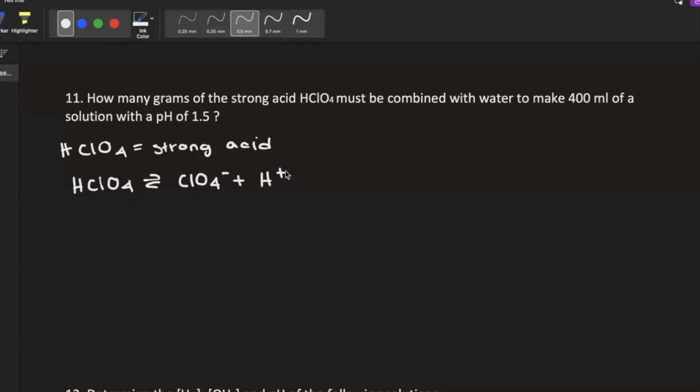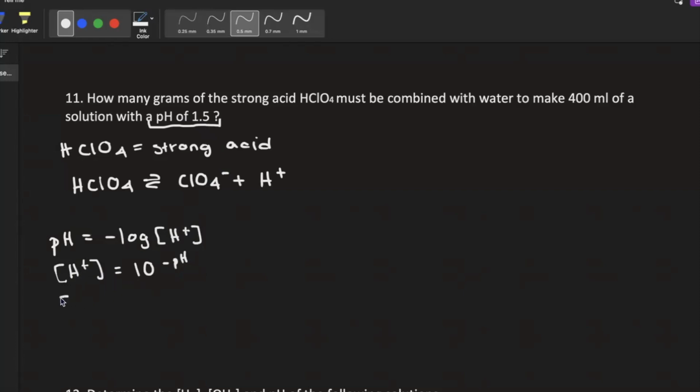Now that we know that, we need to use this information. We know that pH is equal to the negative log of hydrogen ion concentration. And we also know that hydrogen ion concentration is equal to 10 to the negative pH. And we know the pH, so we can determine the concentration.